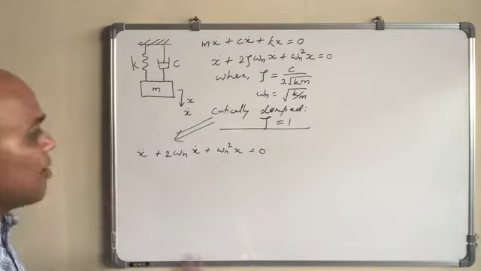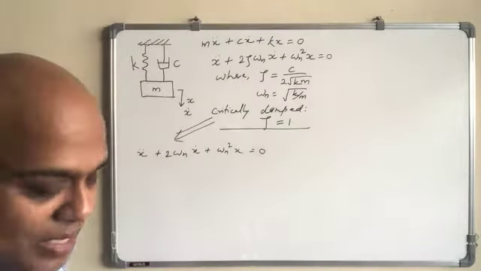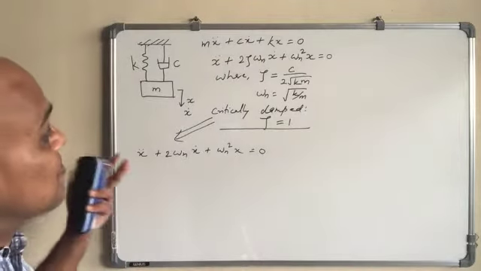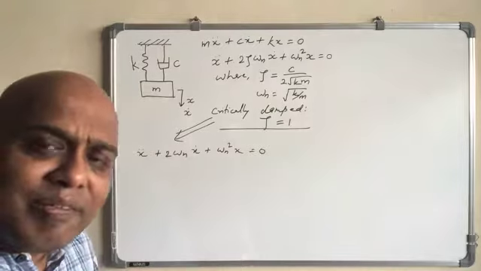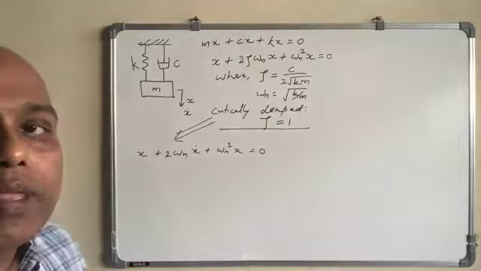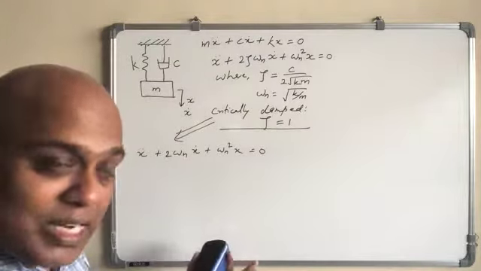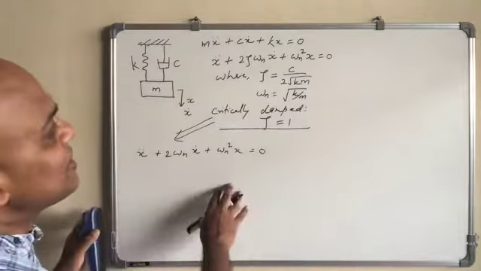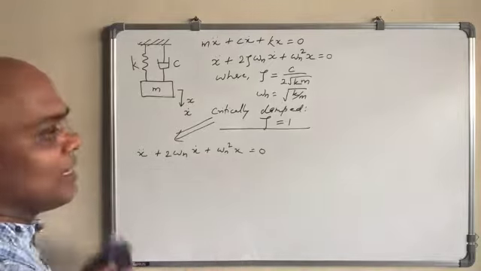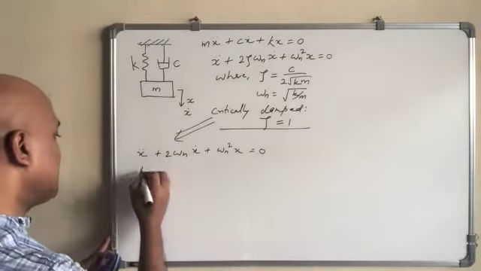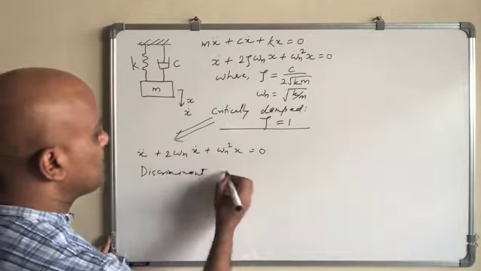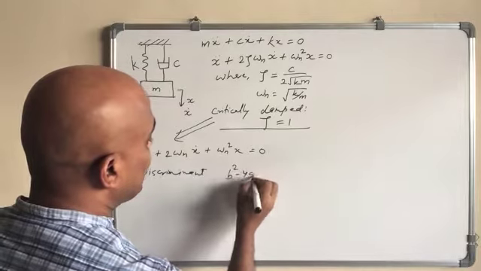Now, given this equation, we can again solve a different way. So one way will be to first guess what kind of solution it will be. For that, since we know that here zeta equal to 1, look at the discriminant, that's b square minus 4ac, right?